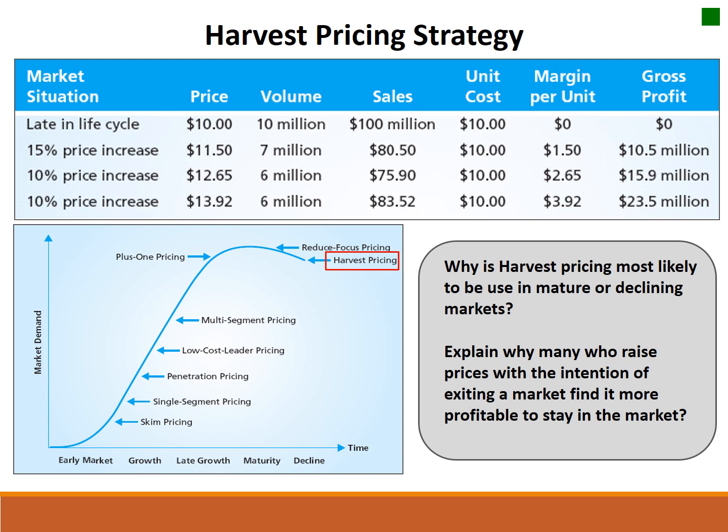So you're actually making money and you're making margin, even though your sales numbers are dropping. You're making margin because you're lowering your costs, and you may simultaneously be raising prices or keeping prices the same at that particular time.